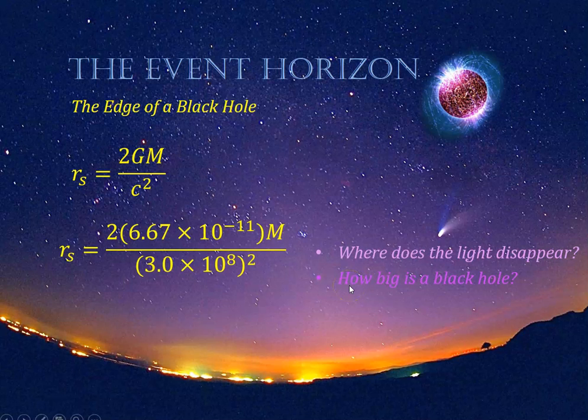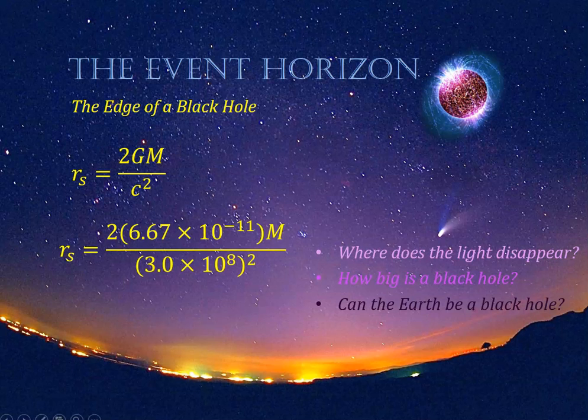How big is a black hole? Well, if 1,000 Earths have to fit on something small enough to sit on the teacher's desk, then black holes have to be millions, billions, extra powers of 10 bigger than our planet.